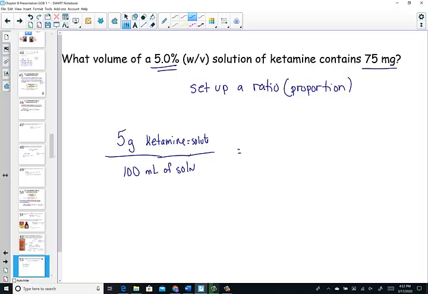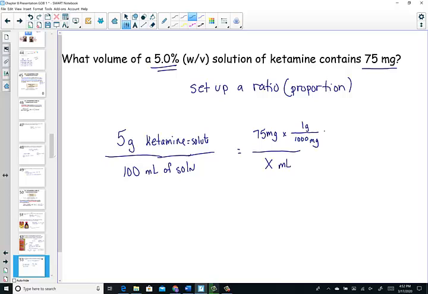Well, notice here it says I'm looking for volume. So I know that my x is going to be how many milliliters, but I'm given 75 milligrams of this particular solute, and I need it to be in grams. So just make sure that you remember milli is 1,000 for every 1 gram.